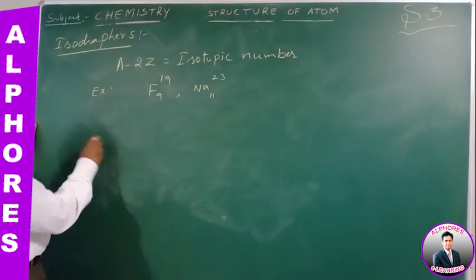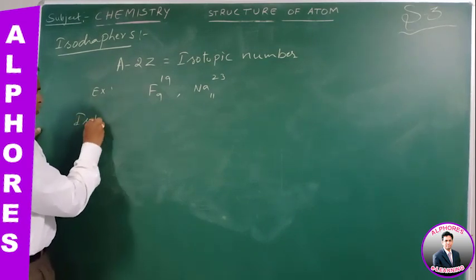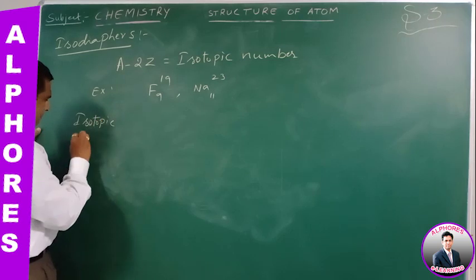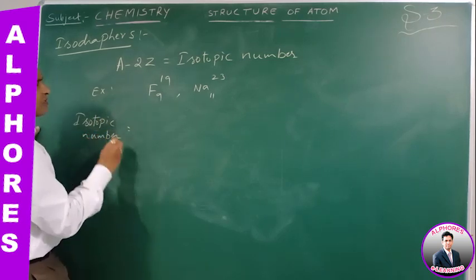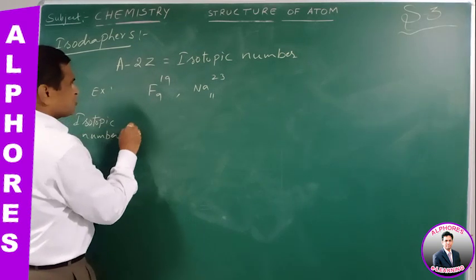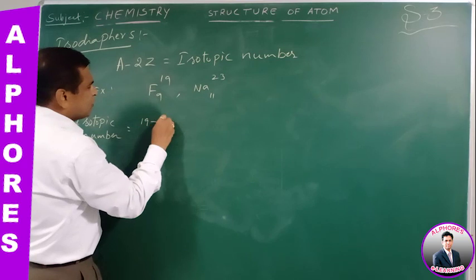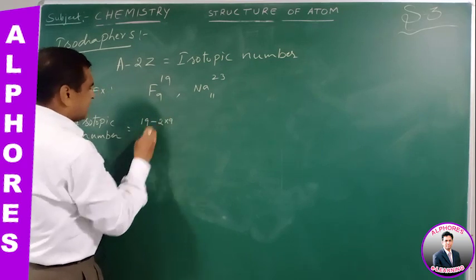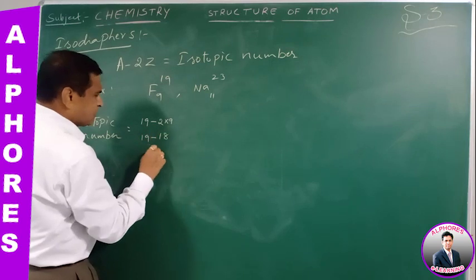Let us check. So that is the isotopic number. For these two species, A minus 2Z: for fluorine, mass number 19 minus 2 into atomic number 9, that is 19 minus 18, which equals 1.